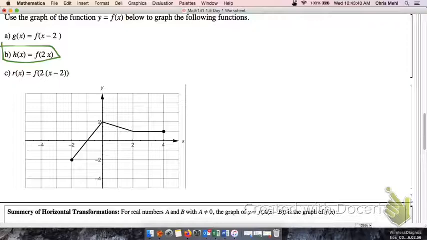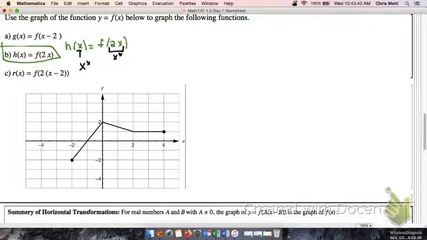Now again, when we do this, h of x is f of 2x, and again, this input of 2x, we'll call that x star. Okay, so x star is an input of f, and x is the input of h.